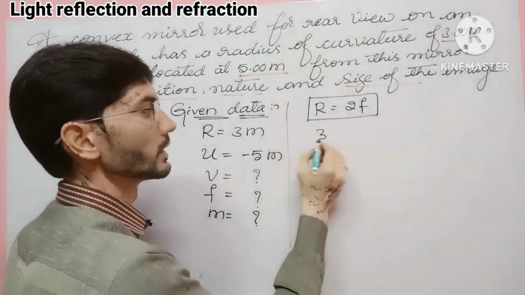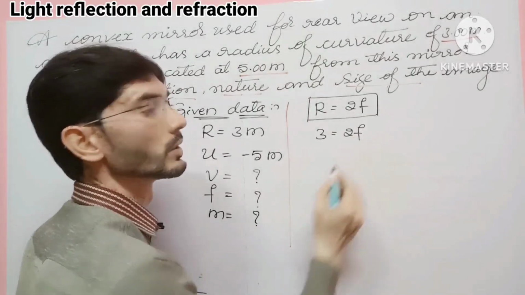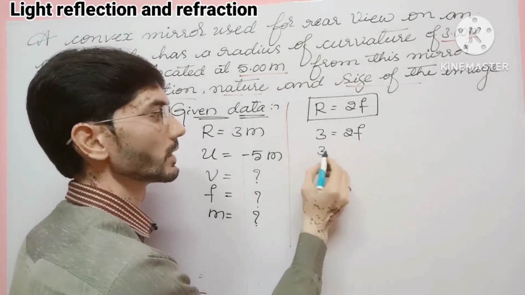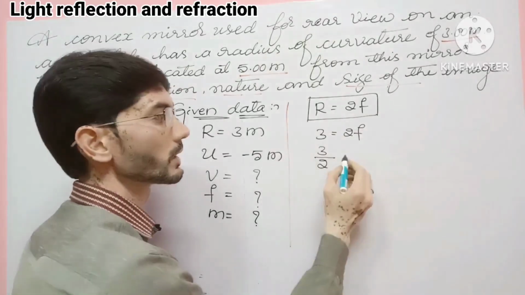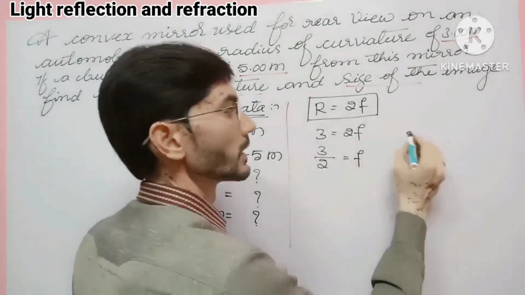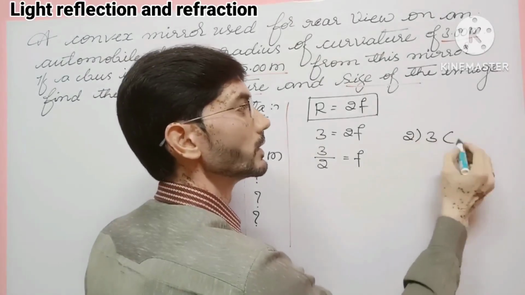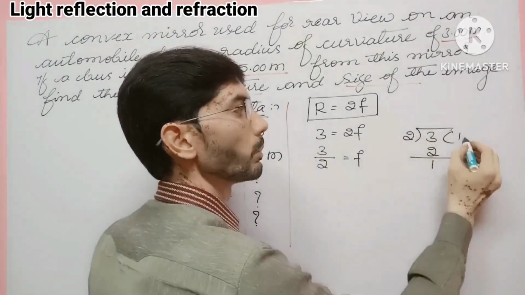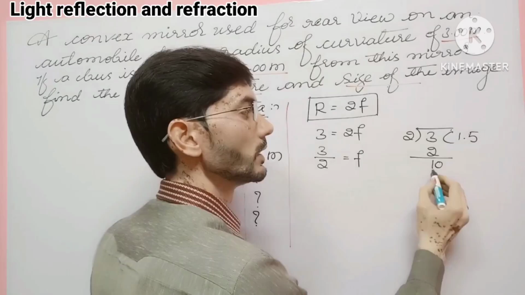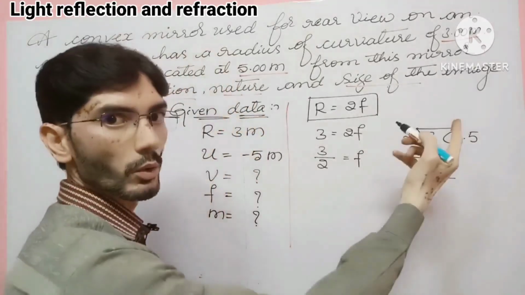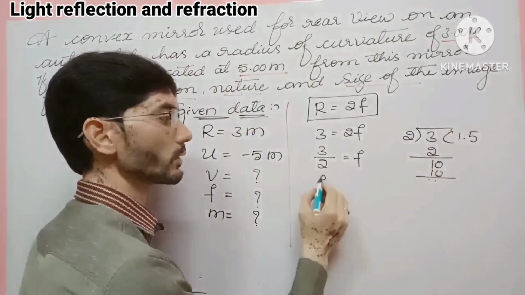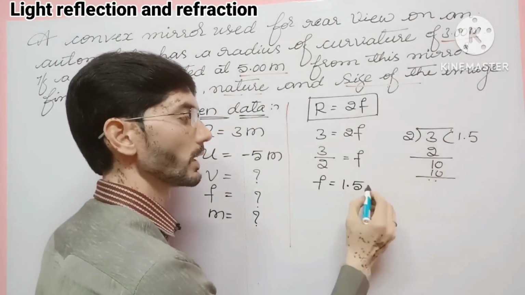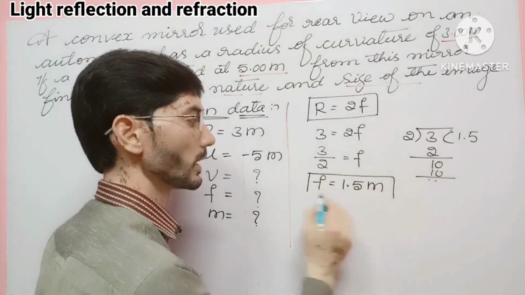R how much? 3. 3 is equal to 2 into F. And now you send this side, it will come to the denominator, that is equal to F. Now general method, 2 divide. So 2 1s are 2. Now 1 left, 0.0, 2 5s are 10. General division. Now what answer finally we got? 1.5. So F is equal to 1.5 meter.